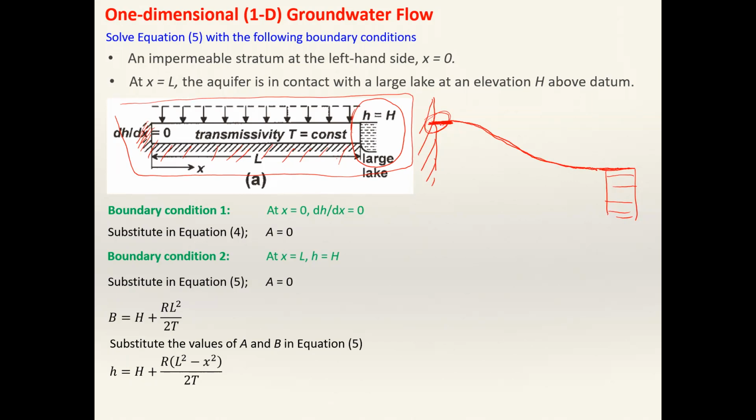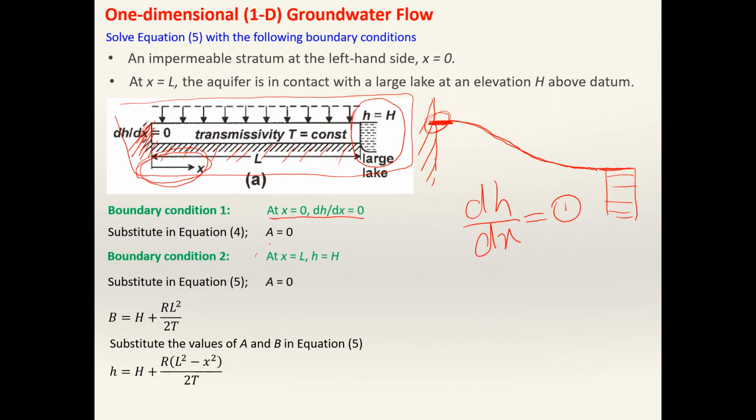So we use these two boundary conditions. When x is equal to 0, if you consider x starting from here, at the impermeable layer on the left-hand side, dH over dx, that is the hydraulic gradient, is equal to 0. Why is it? Because it is horizontal. That can be considered as one boundary condition. What is the second boundary condition?